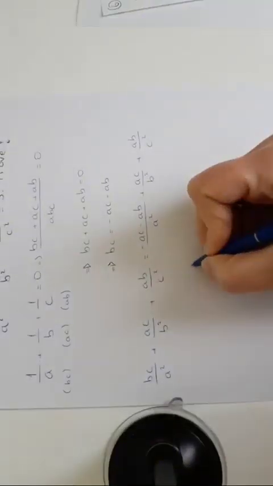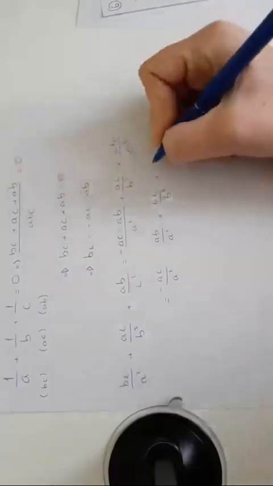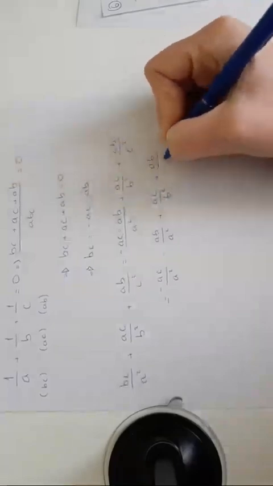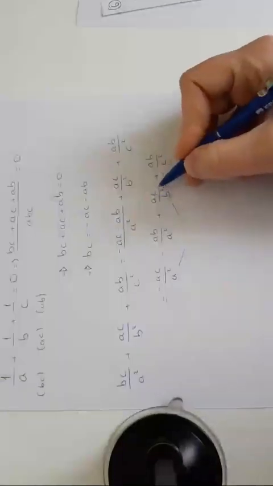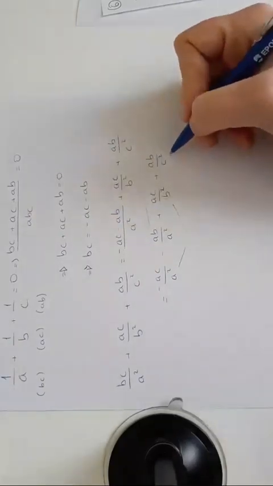Now I will group: minus AC over A squared plus AC over B squared, and minus AB over A squared plus AB over C squared.